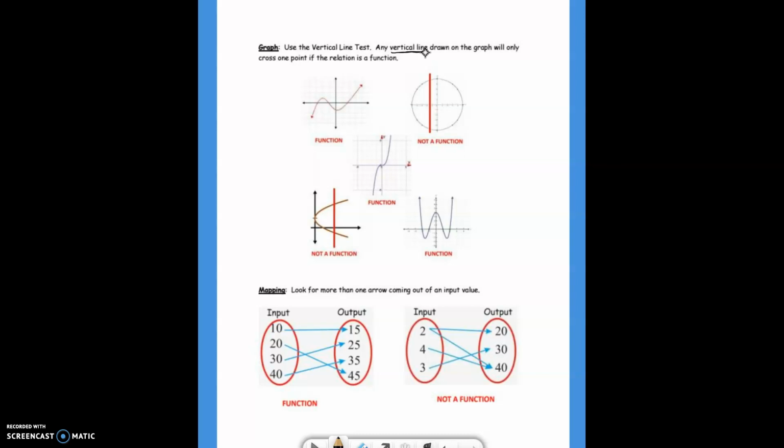If you look at the first example here, it's a function because if I put a vertical line anywhere through here, I am only hitting the graph once. Whereas in the second example, this circle, you notice I am hitting the circle more than once with the vertical line.